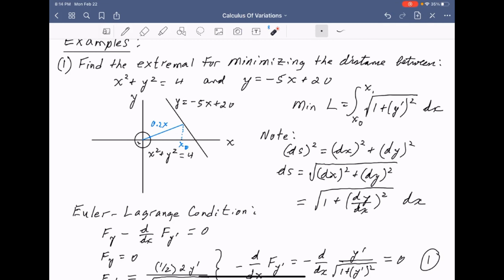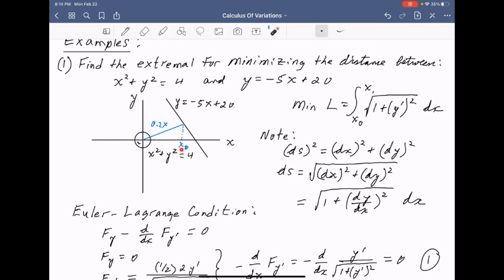So we want to minimize that distance, and we'll show that the distance is the integral from x0 to x1 of the square root of that, times dx. What we're trying to find is this line here, and in fact I've already given the solution here, and we're going to show how you get that.